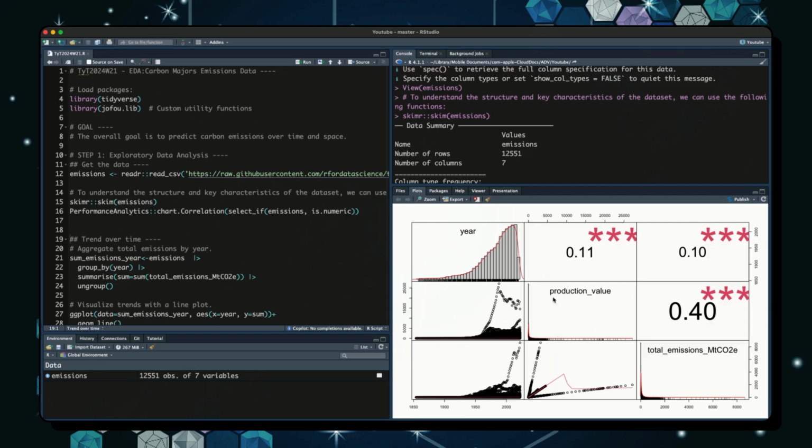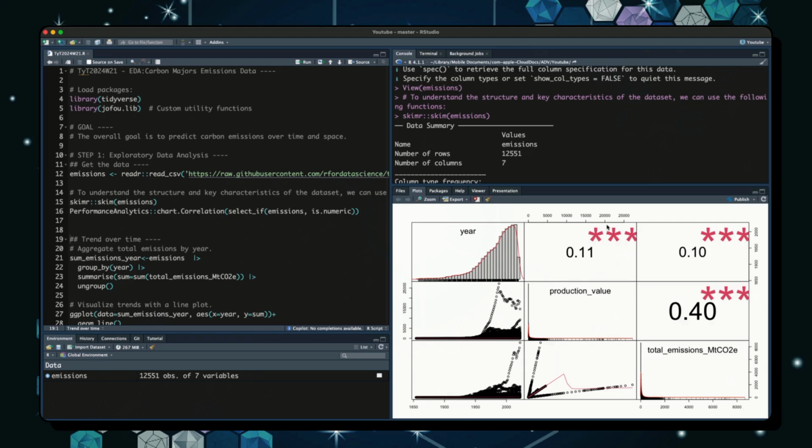Apart from the distribution of each variable, this chart correlation function also gives us two more pieces of information. So we have the value of the correlation coefficient for each two-by-two combination of our numeric variables, and its significance level.